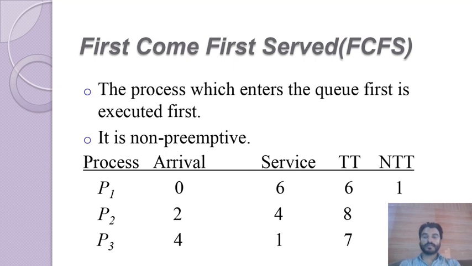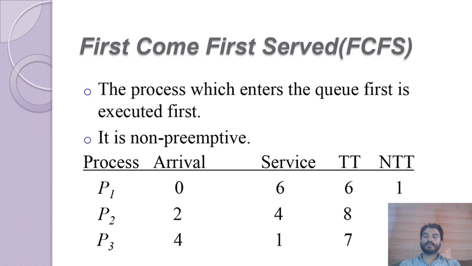The process that has waited longest is put into the running state. It is non-preemptive. That means once a process is taken from the waiting state to the running state and the CPU runs the job, no other process is permitted to interrupt that job.